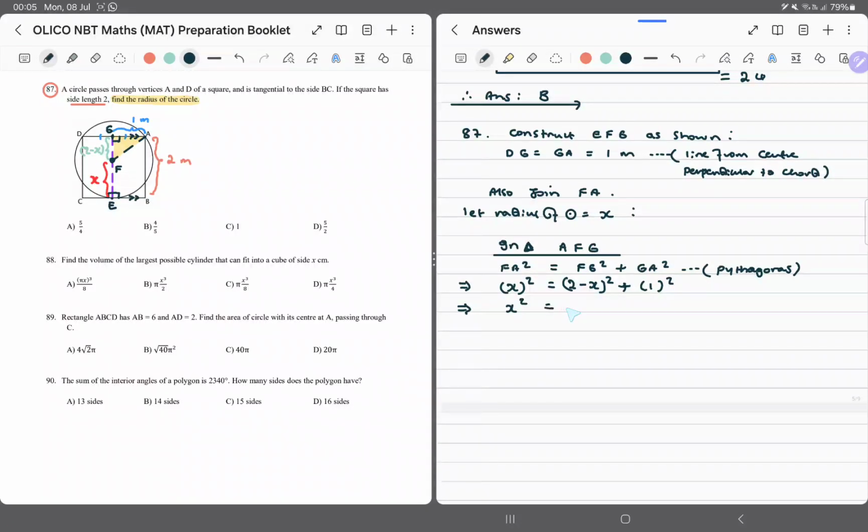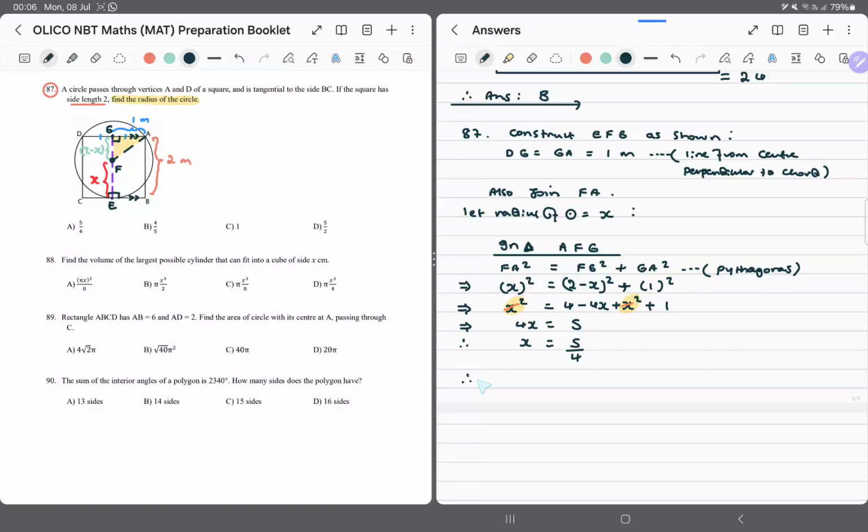So we have x squared equals 4 minus 4x plus x squared plus 1. Then we can see here x squared is of the same sign on either side of the equation, so these ones will cancel. Then we can transpose 4x, and 4 plus 1 is 5. We can say therefore x is equal to 5 over 4. And what can we say?